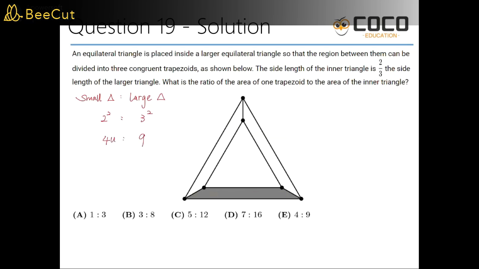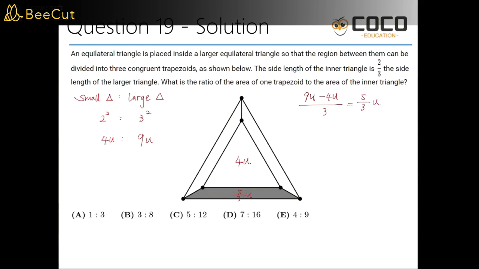And we can let them be 4u and 9u. So the small triangle is 4u. The large triangle is 9u. And then the total of the 3 trapeziums will be 9 minus 4, 5u. And divided by 3, we find out that each is 5 over 3 units.